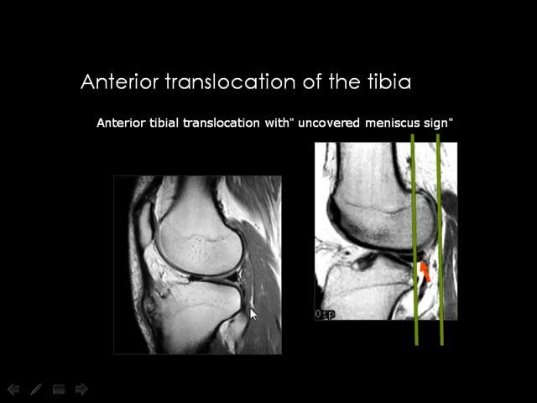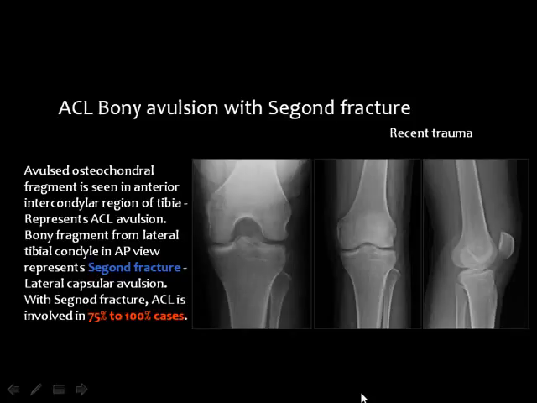Then look at this. This is the lateral meniscus, and you draw a line. This is normal. The tibia and the femur are on the same line. But here you see a gap between the posterior aspect of the femur and the posterior aspect of the tibia, and this is positive for ACL rupture.